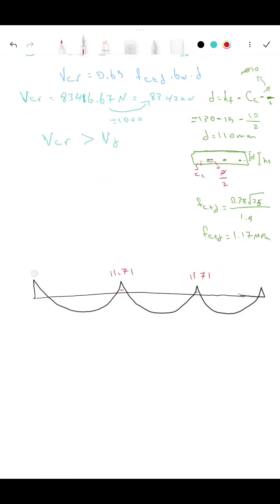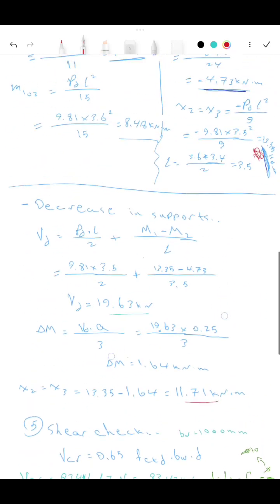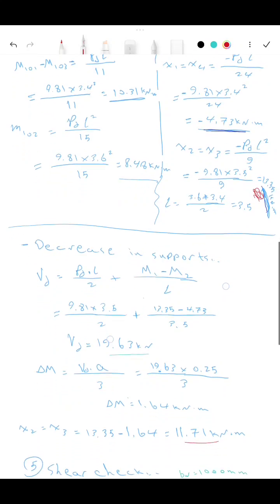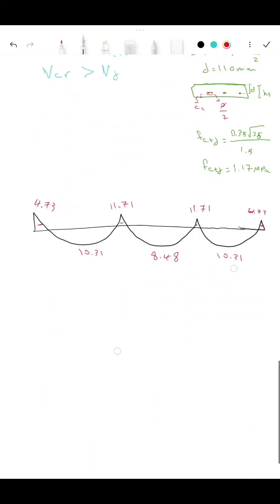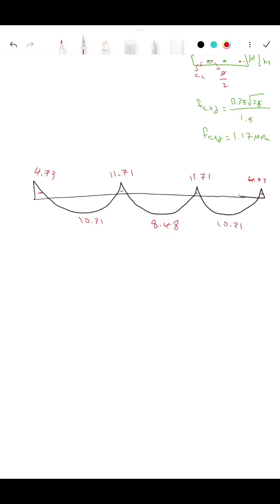So 4.73 here is also negative, and 4.73 also here negative, and here we have 10.31 for both this one and this one, and here we have 8.48. Just a quick check. Yes, exactly. These are the moments. According to this drawing, we will start designing.